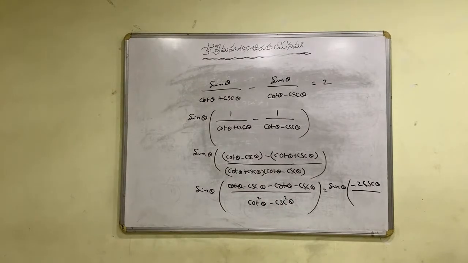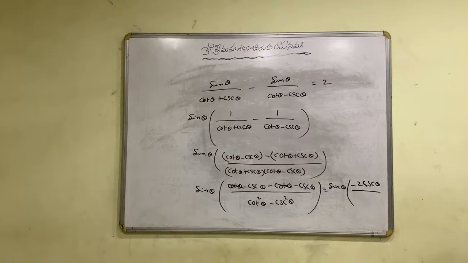Children, any guesses from your side? Akanksha says 1, Hamsini 1, Neha Devi 1, Aditya is also 1, everyone is 1. Okay, kindly see that one. Cot square theta minus cosecant square theta.